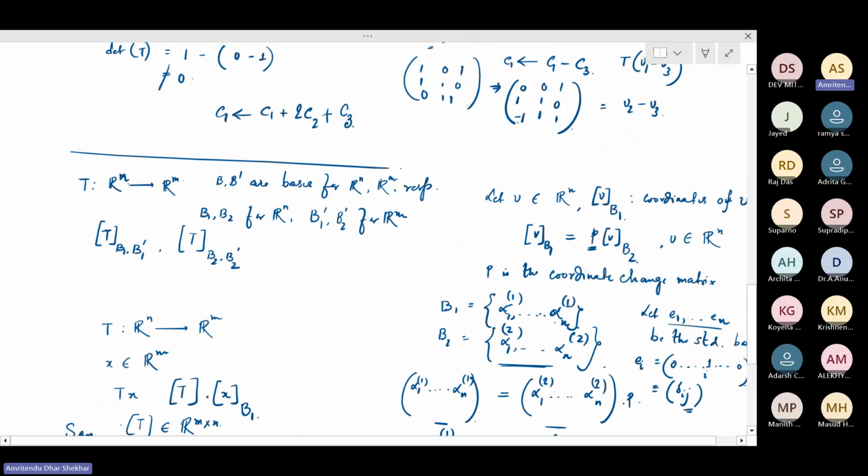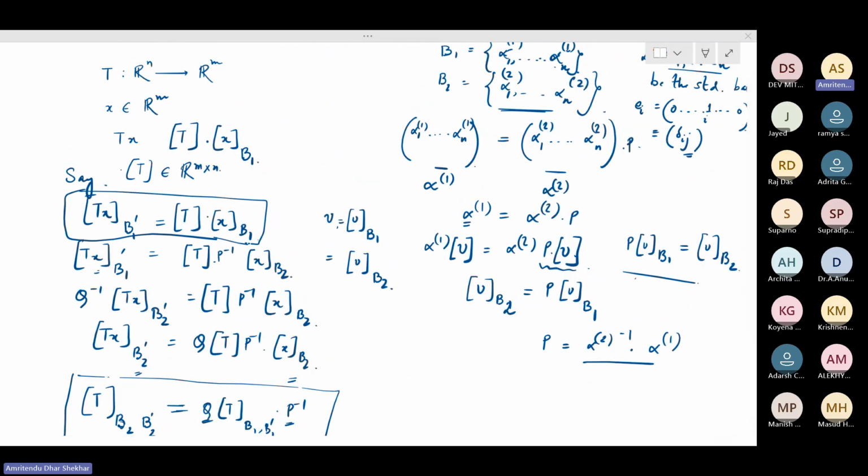Right. So let me just bring up one problem. I'm not going to finish the computation. In many cases, the computation is going to be much easier than this. So let me just bring out one problem.